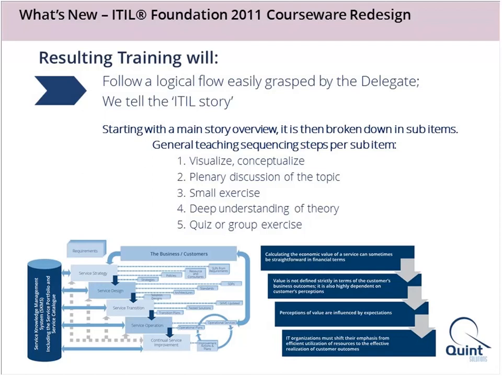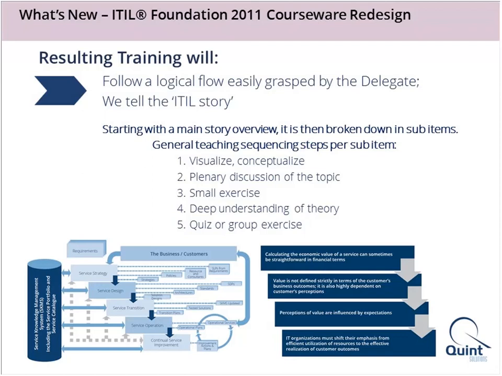So this is a visualization that helps understand the process, and you can have a plenary discussion and say, okay, how would that work in your company, or what is your experience with this topic? You can do a small exercise. Then you do a deep understanding of the theory, like with incident management. Only now is the moment when we start talking about priorities, classification, horizontal escalation or vertical escalation, stuff like that.